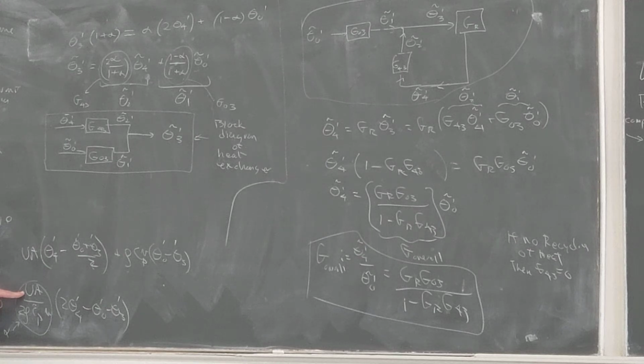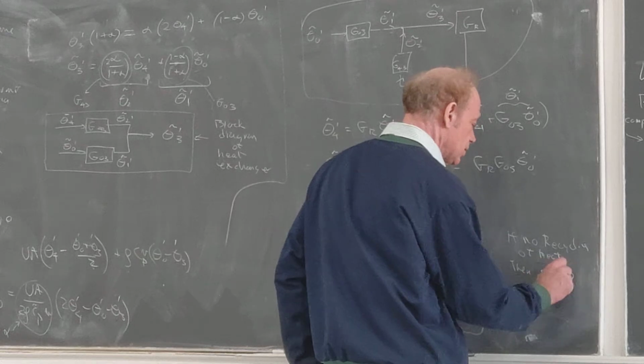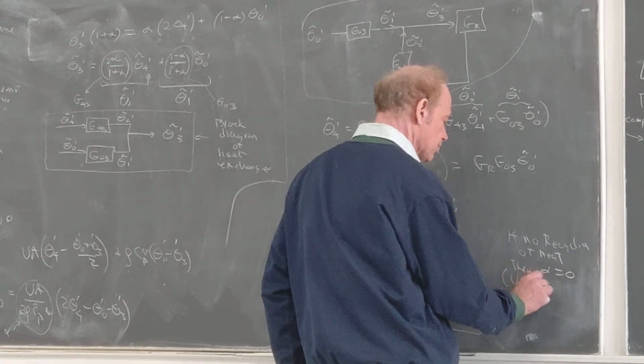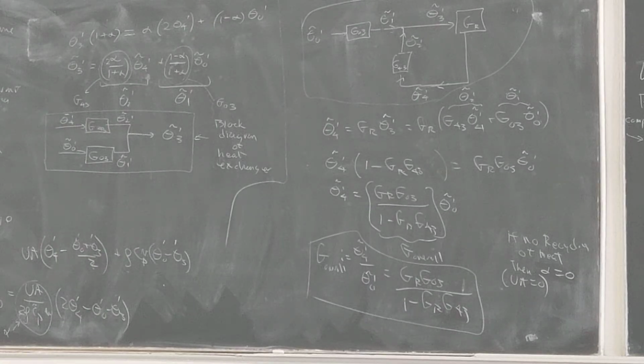If there's no recycle, alpha is 0, because there's no UA. So it's probably easier if I just said alpha equals 0, because UA is 0. So there's no heat exchange.